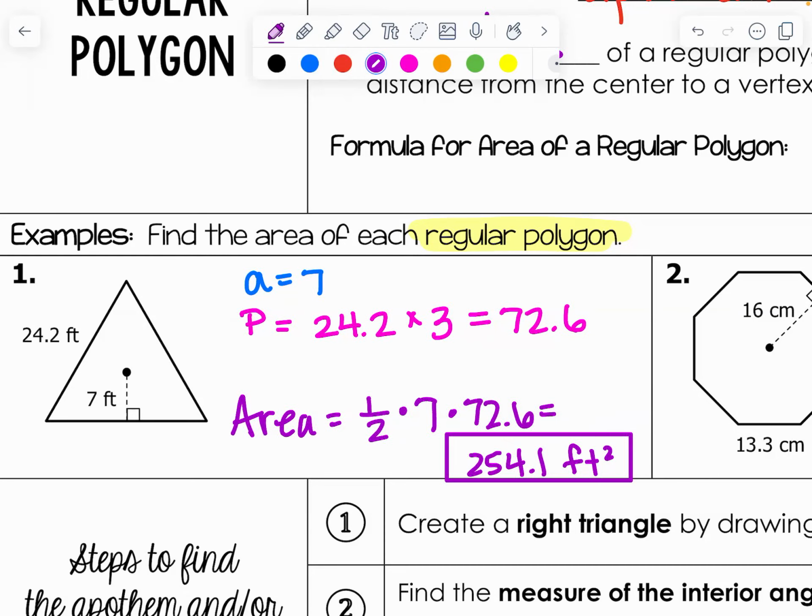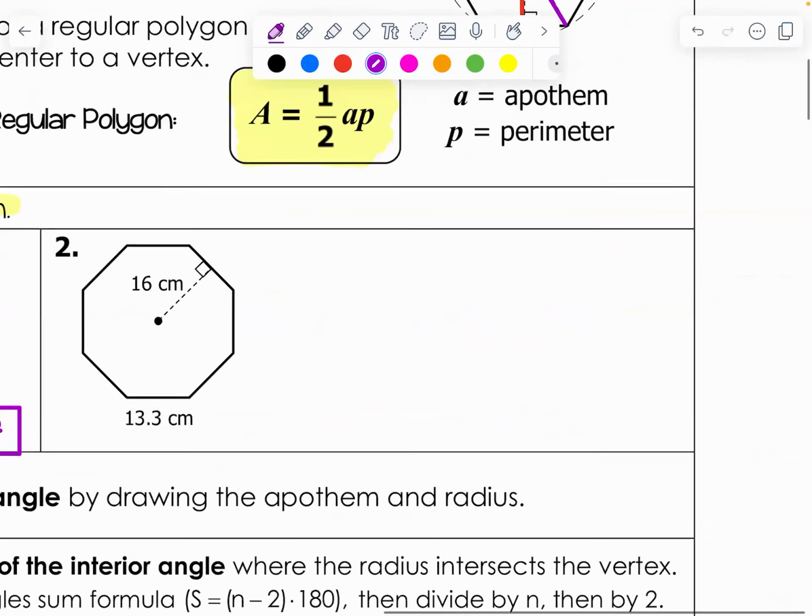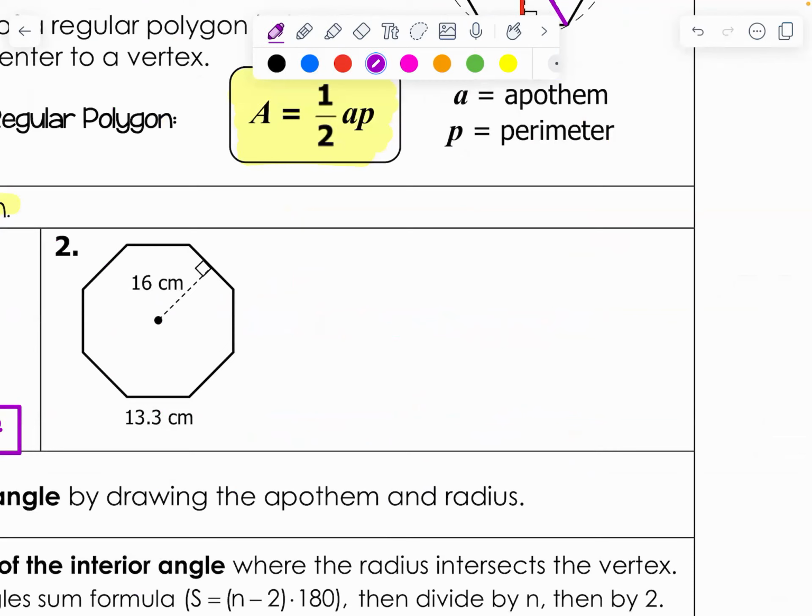So how about you and your elbow partner work together on finding me the area for number 2? What kind of shape is number 2? A regular octagon. 16 is the apothem. It's a weird word.